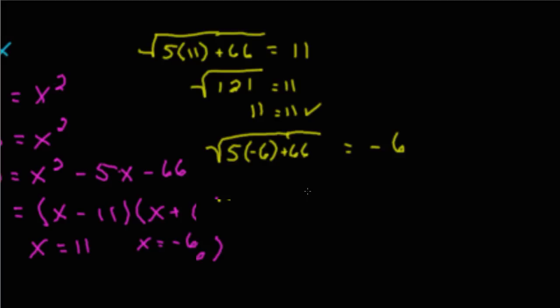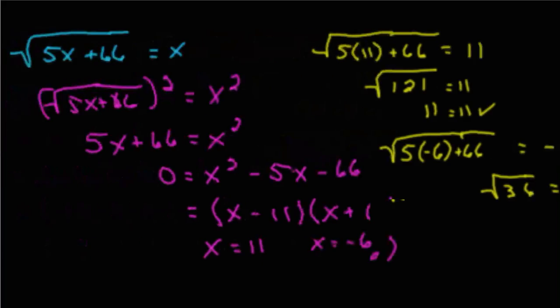Plus 66 will give us 36. And does that equal negative 6? Well, the square root of 36 could be a positive 6 or it could be a negative 6. So that is a possible solution. So that does check out. So our solution set in this case is x equals 11 or x equals negative 6.